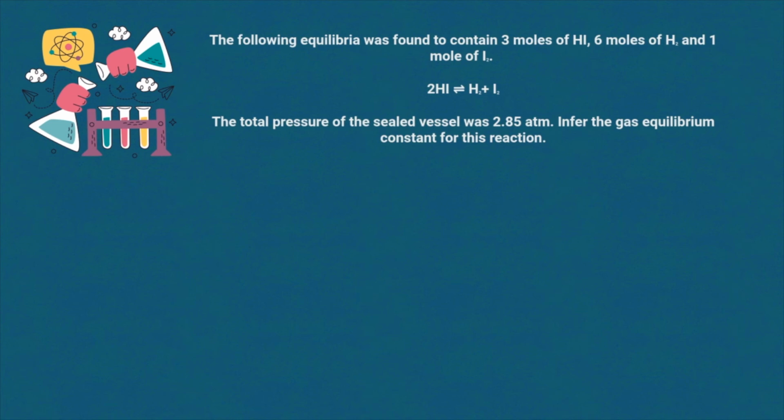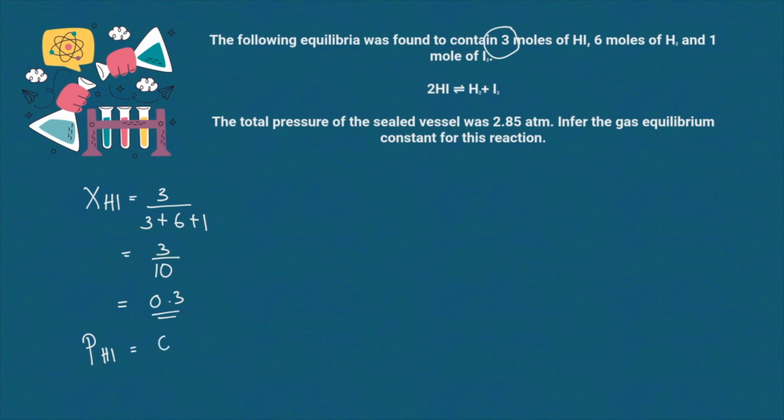So we are going to start with hydrogen iodide. The mole fraction for hydrogen iodide is equivalent to the number of moles of hydrogen iodide, which is 3, divided by the total number of moles, so 3 plus 6 plus 1. So it's equivalent to 3 divided by 10, so you get 0.3. Alright, the partial pressure for hydrogen iodide is the mole fraction times the total pressure.